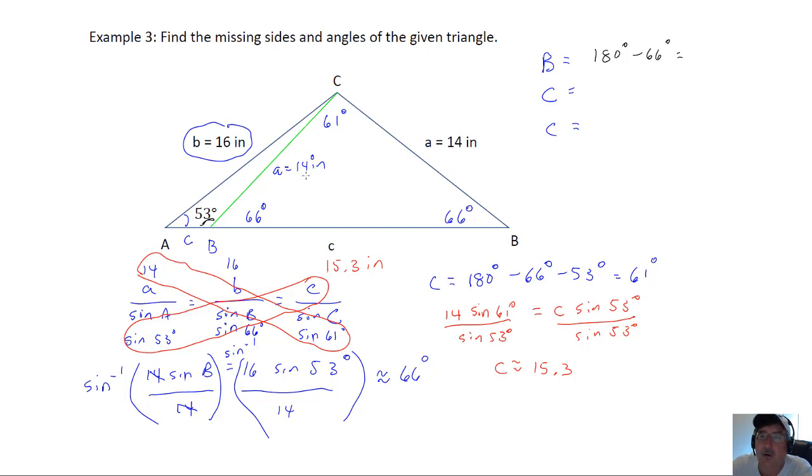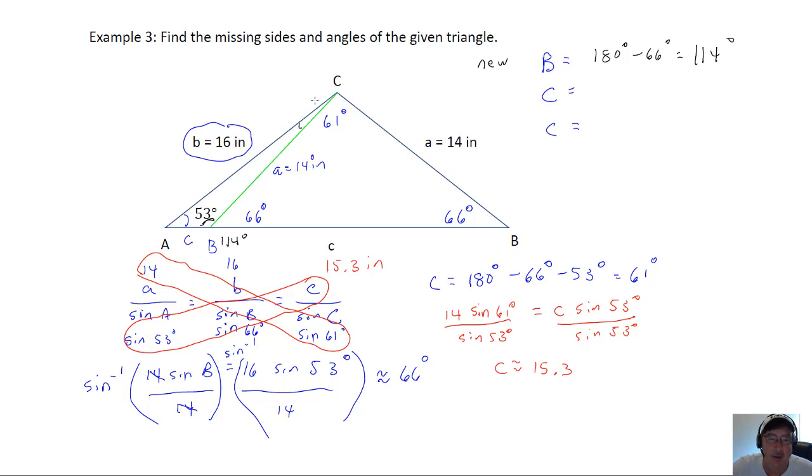So maybe I should come up here and put the new B. All right, so I just subtracted 180 minus 66, and the new B is 114 degrees.